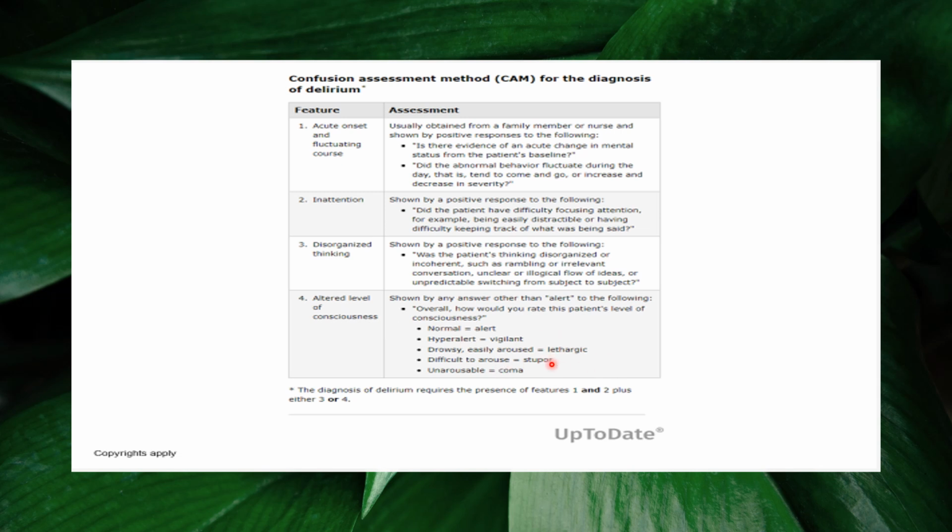Parameter 4 assesses whether the patient has any altered level of consciousness. Anything other than alert is an altered level and it includes a hypervigilant state or the presence of lethargy, stupor or coma.